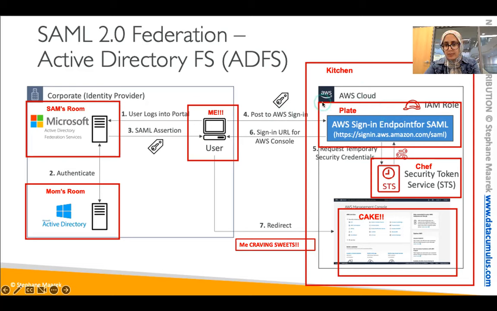So I got my plate, which is the sign-in portal in AWS. And then I went to the chef, which is STS, and then the chef gave me a yes or a token. The yes, you can actually access it, which is in this case kind of a temporary credential. And I use those credentials to actually access the gig, right? So it's pretty much the same, but instead of any directory, we have the Microsoft Active Directory.